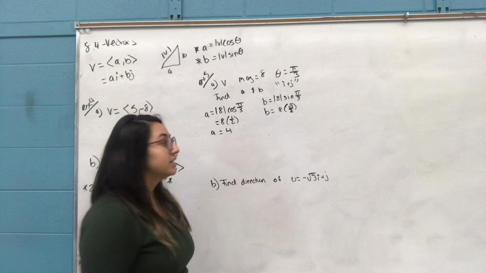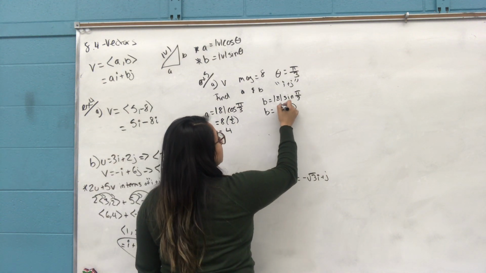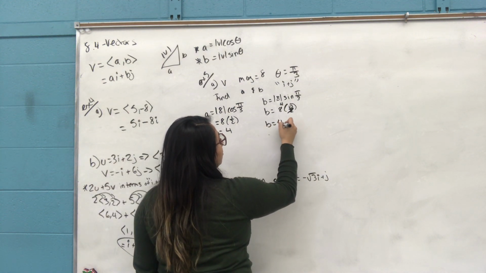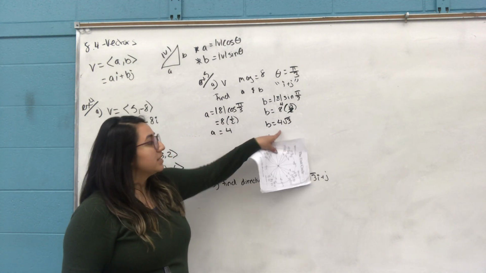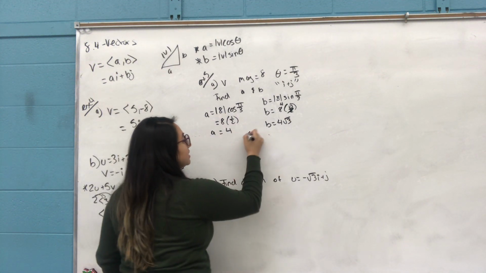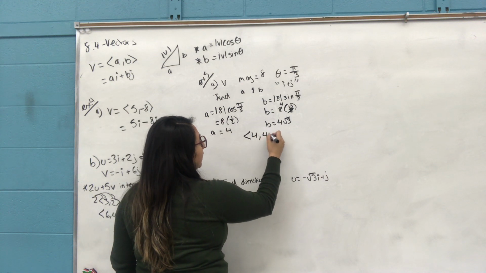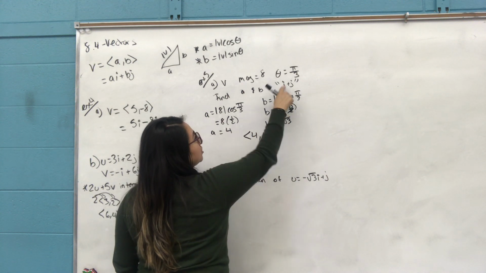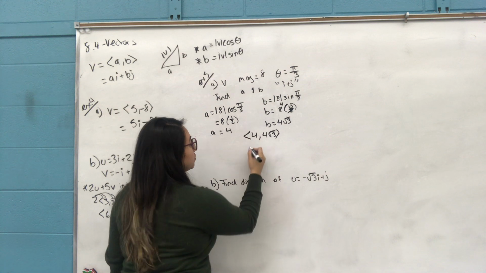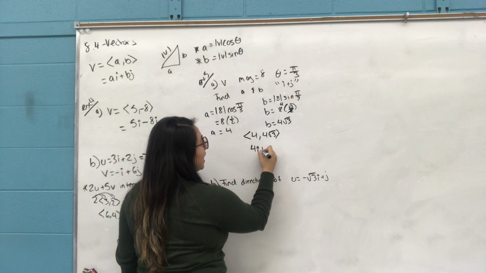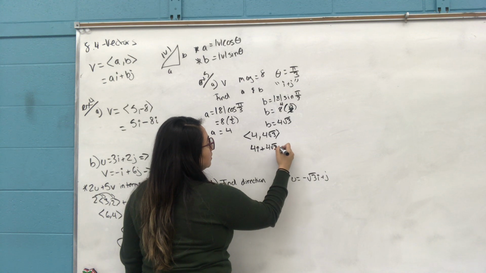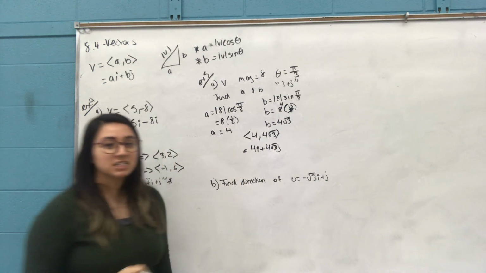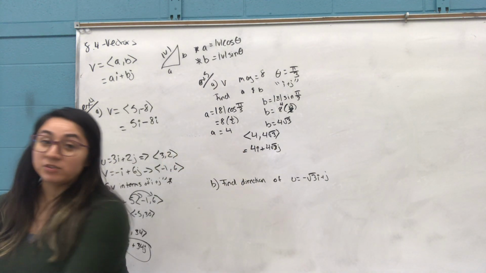And then we multiply it and solve it. So I know 2 can go into 8 4 times. b is equal to 4 radical 3. a is 4, b is 4 radical 3. I can write this as <4, 4 radical 3>. But we want it in terms of i plus j. Your first one is 4i. This one's positive, so it's plus 4 radical 3 j. That's it. Last one, and we're officially done.